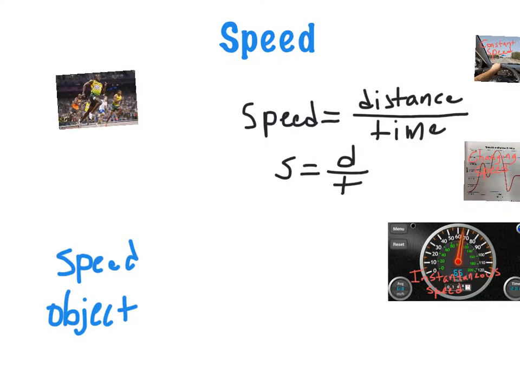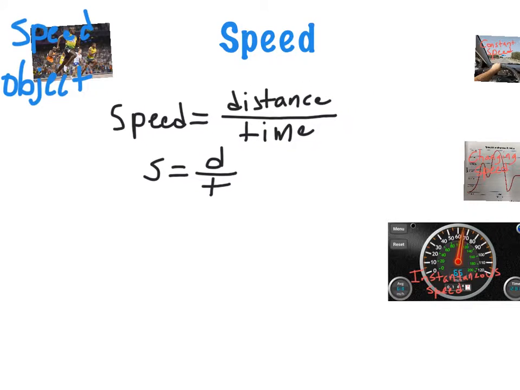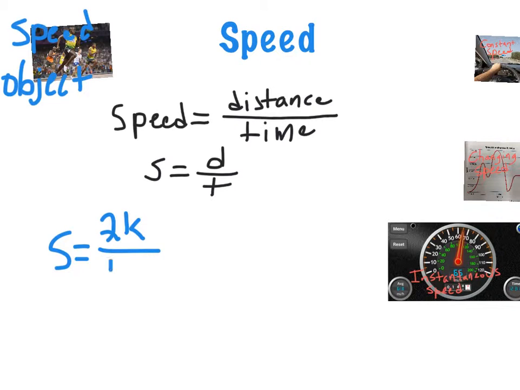Which one did you run at a faster speed? And so what we need to do is use this calculation. So if we ran 2 kilometers in 10 minutes, we'd write S equals our distance, that's 2 kilometers, divided by 10 minutes.